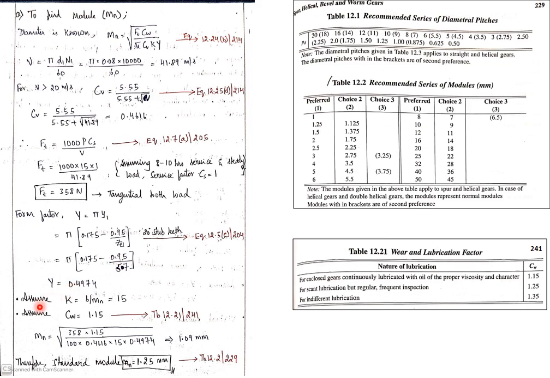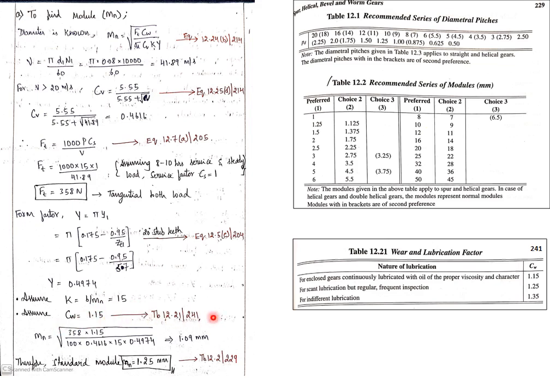Here we have to assume two things. One is K, another one is the wear factor. K in the spur gears we assumed as 10. In helical gears we are assuming it as 15, a little bit higher. The same ratio, the K value, b by Mn, is equal to 15. The wear factor is 1.15.